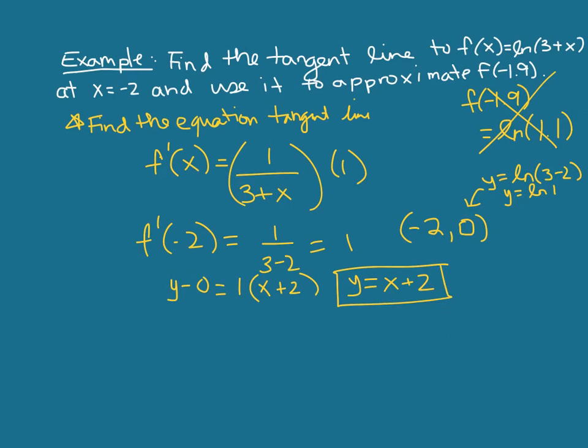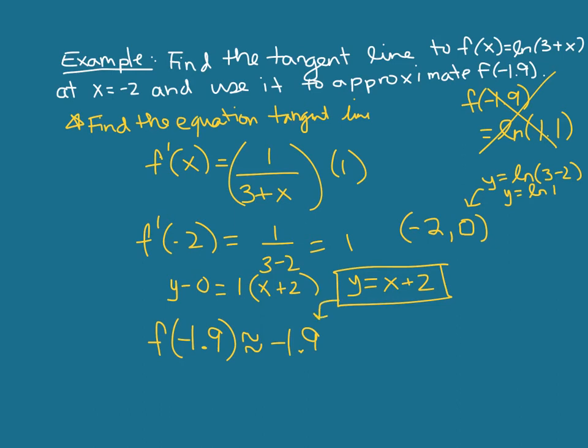So now we can use that to approximate f of -1.9. I do want you to remember that please don't write f of -1.9 equals, because we're not actually finding the actual value, we're finding just an approximation. So we're going to just go ahead and plug that into our equation here.